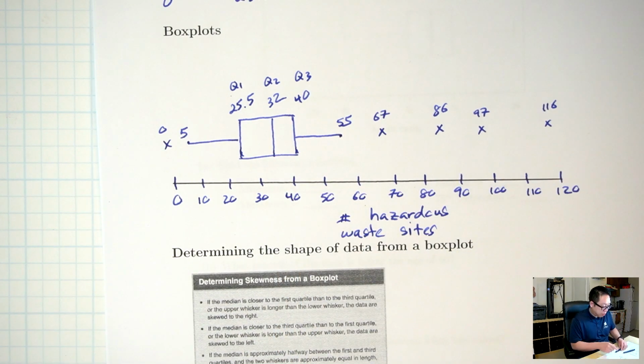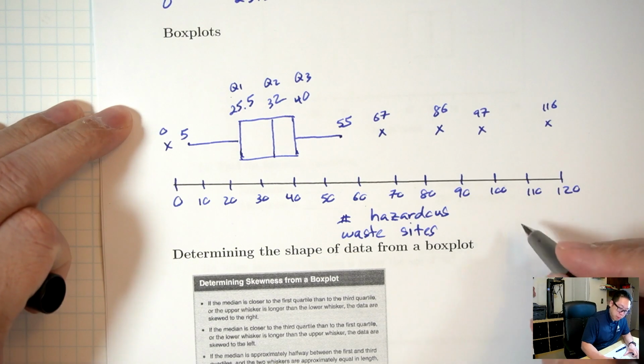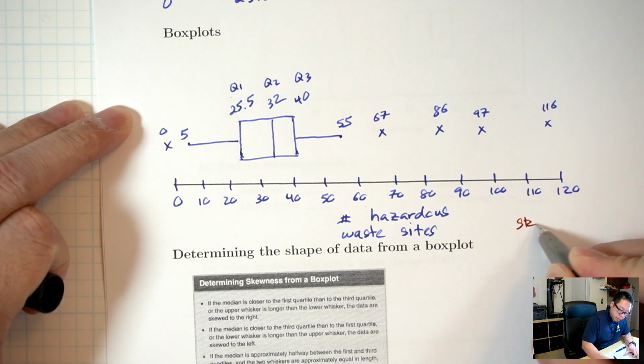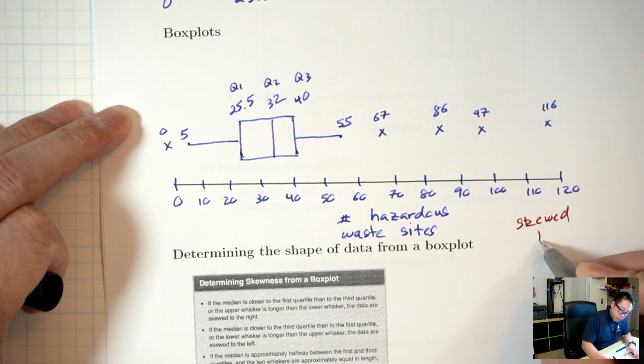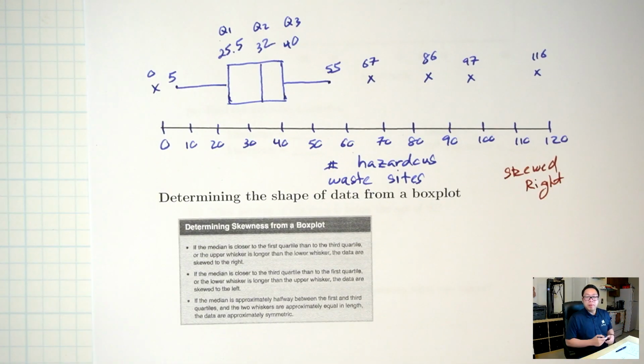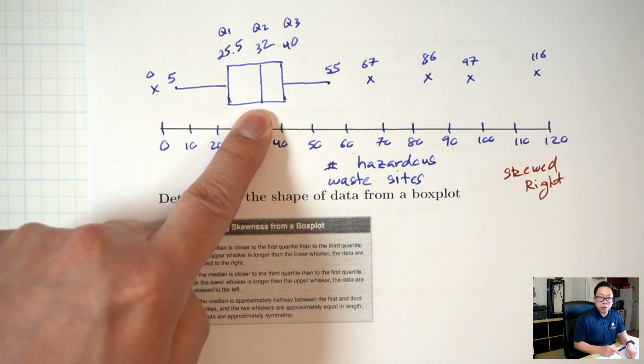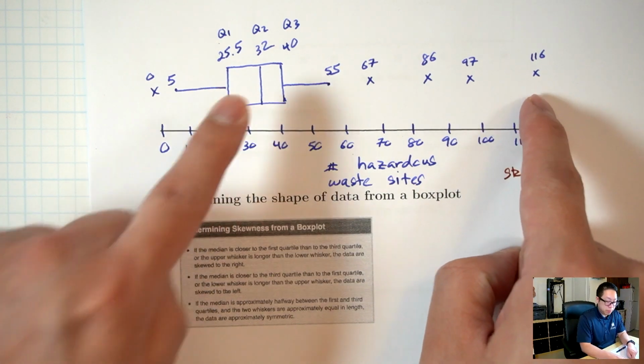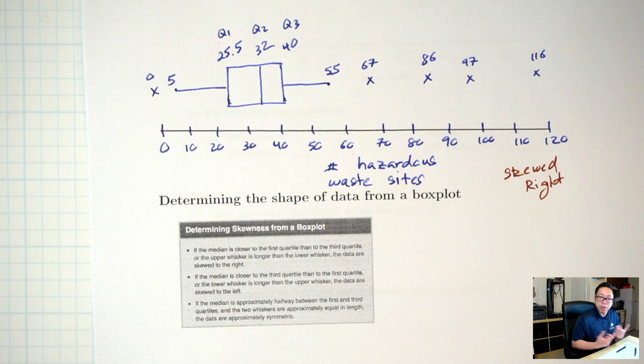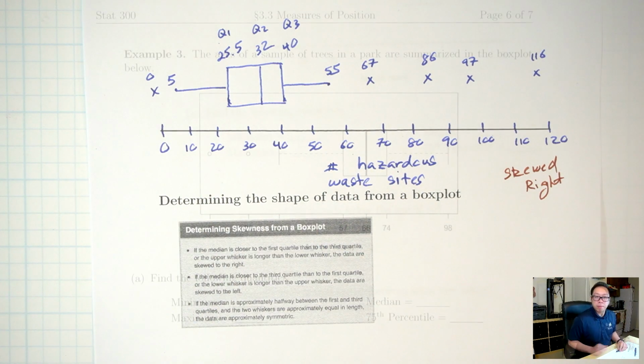Okay, so this is obviously skewed right. Once again, middle all the way to the right, and when I say all the way to the right, include the outliers also, and then middle all the way to the left. Whichever side's longer is the direction of the skew.